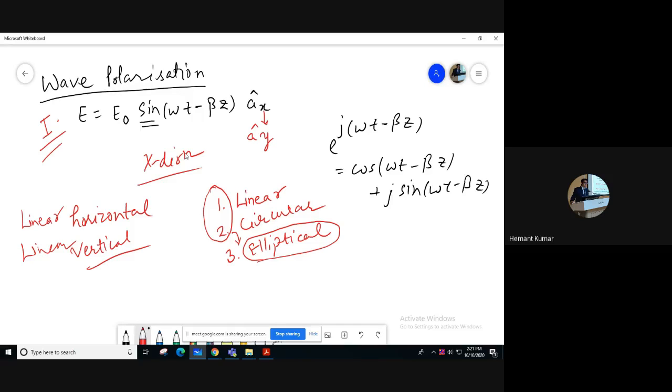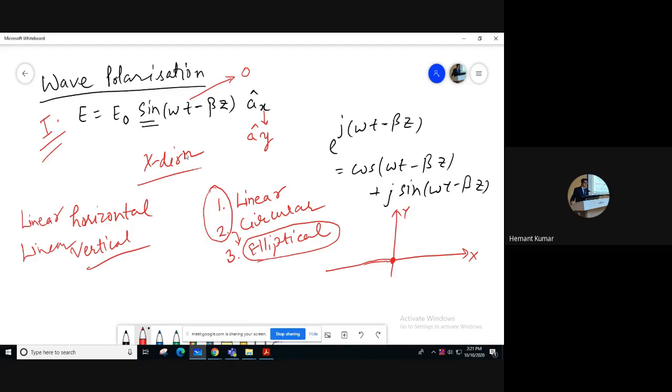So how to draw this? We can say like this. Suppose this is y, this axis is x, then z will be outward. Whatever the equation is given to you, you just need to put t equal to 0. First take the xy plane.